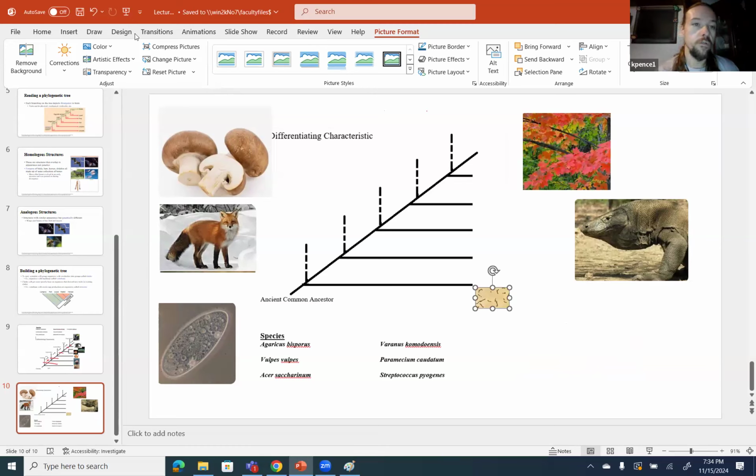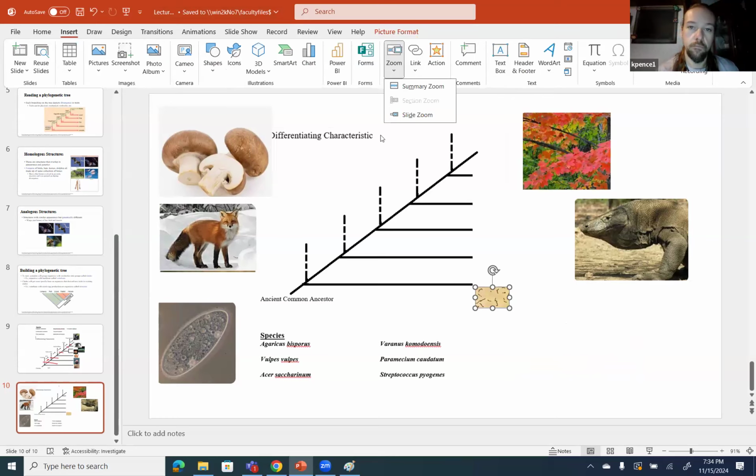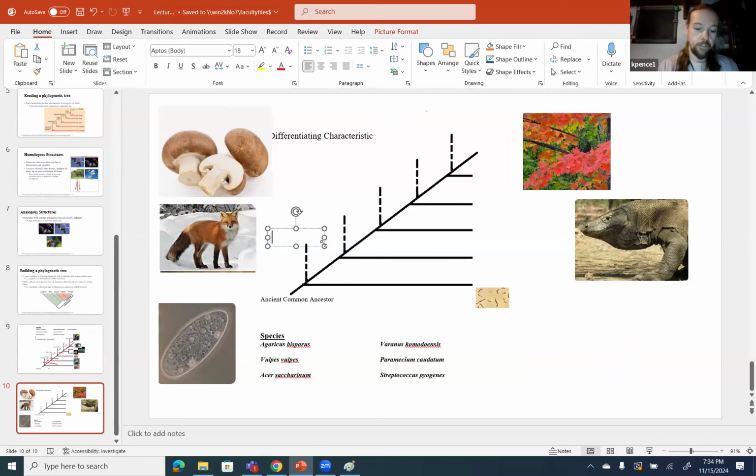So what I'm going to do is get a text box. My control box is in the way. We're going to put right here: nucleus.